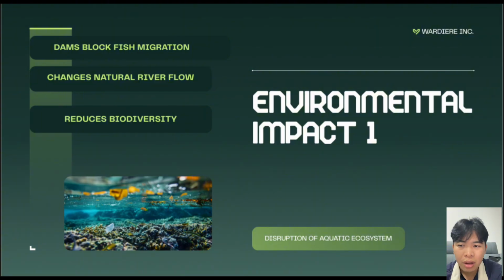When a dam blocks a river, the fish cannot migrate upstream for breeding. This will affect the fish populations and may reduce biodiversity in the river environment. Next slide.